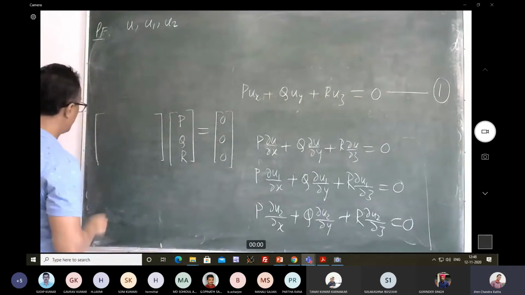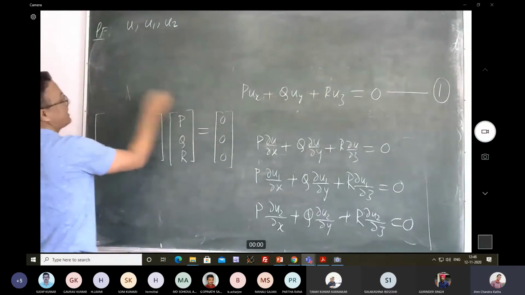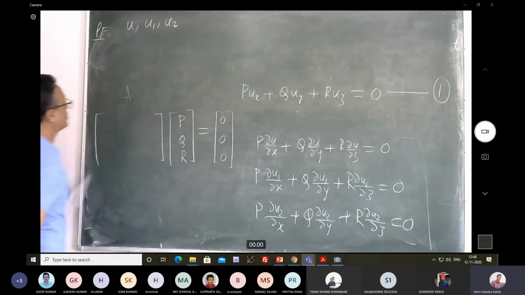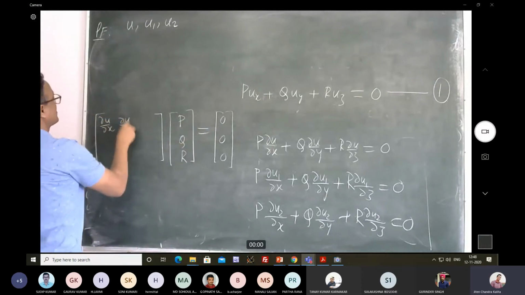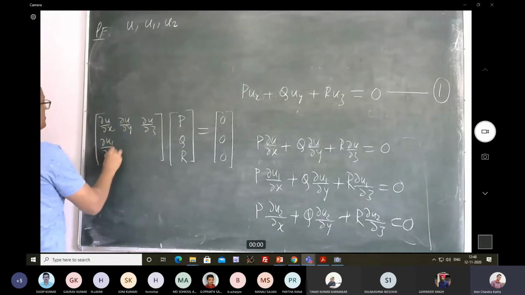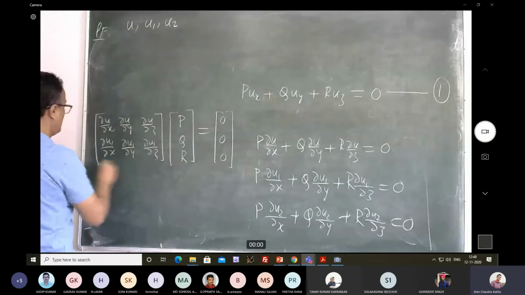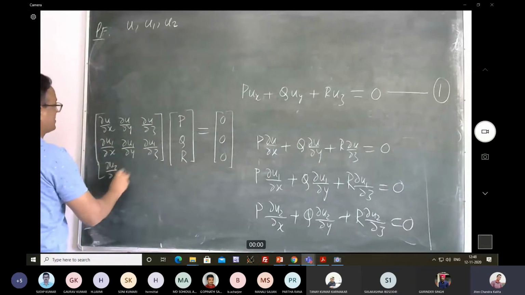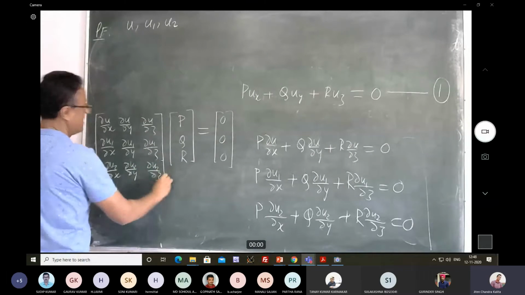So basically, I have something like AX equal to 0, right? So now if you look at this one, and again, you get X, then Y, then Z, right?